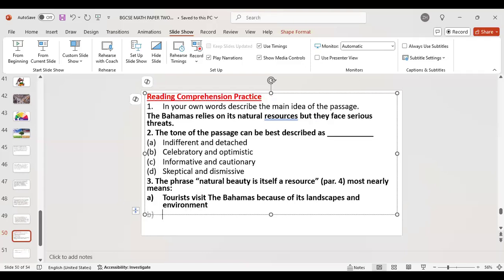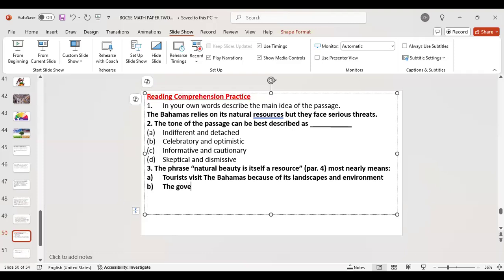B, the government sells sand and coral to other countries. C, natural beauty is not as valuable as minerals.